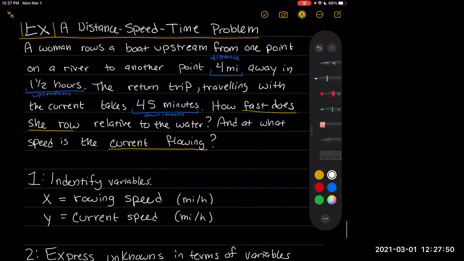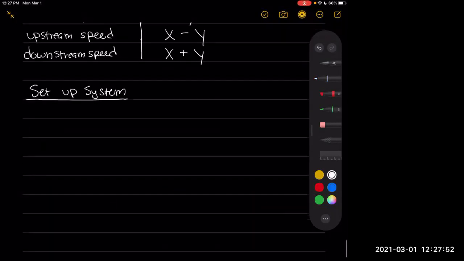So to set up our system, we're going to have our speed upstream times the time upstream. That's going to equal our distance.